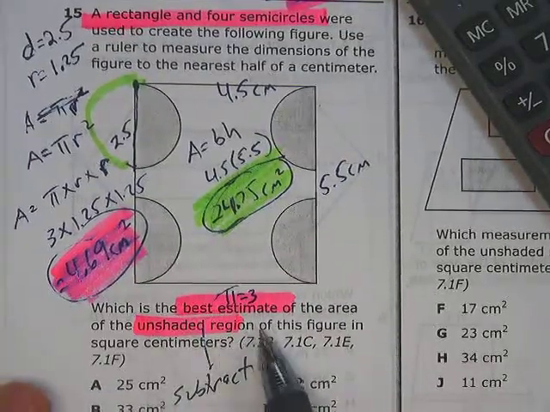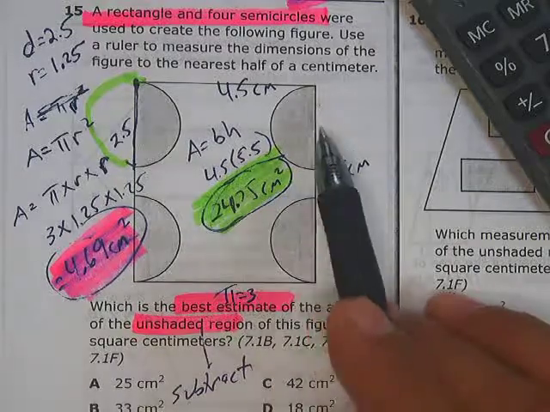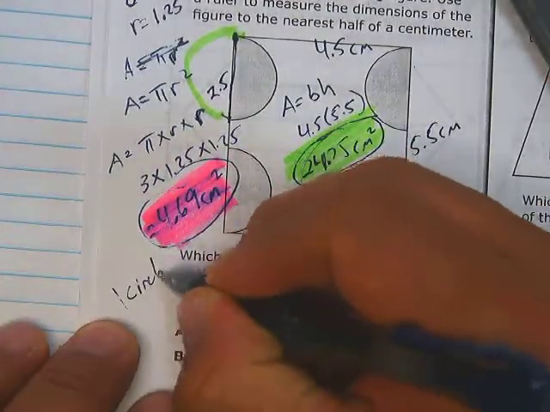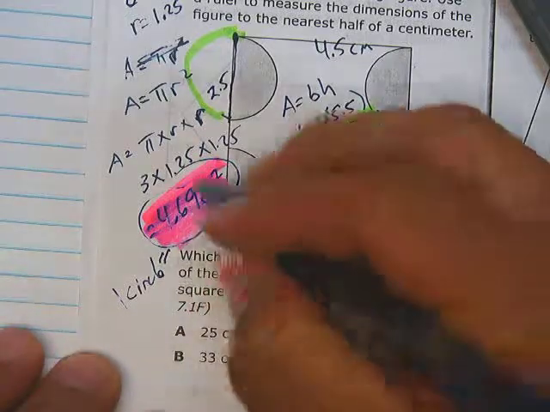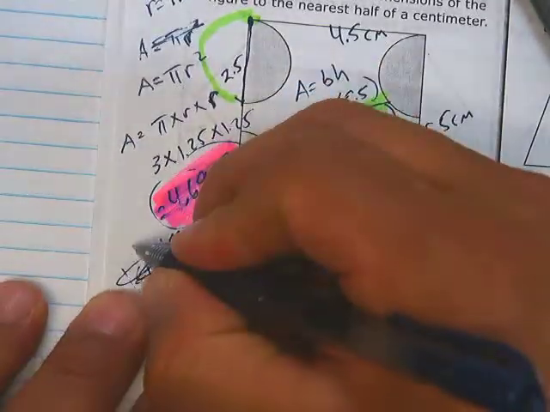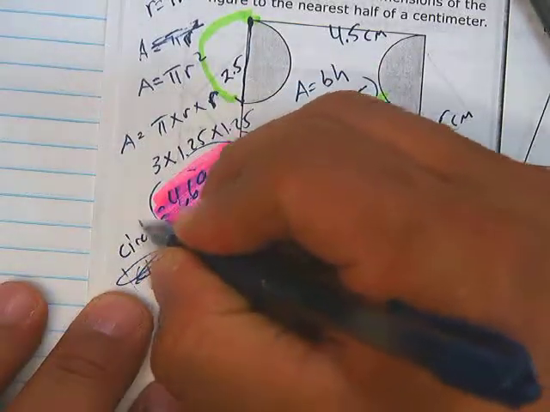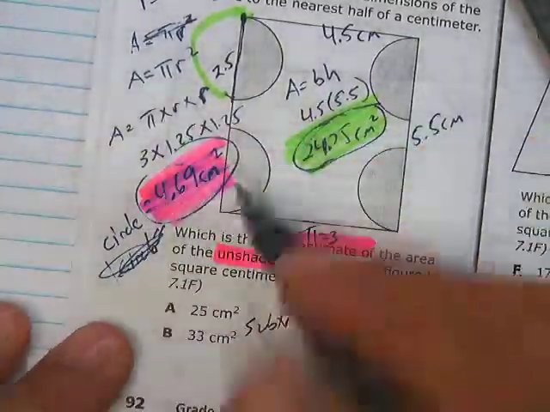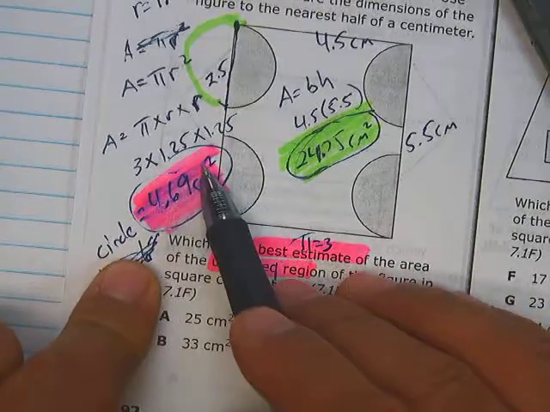Okay. What am I going to do now? Well, this is the whole circle, one circle. And this is the area of the rectangle. So what I'm going to do is subtract, because it says the unshaded part. So I'm going to subtract this from my 2 circles.